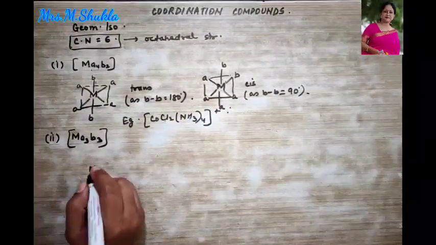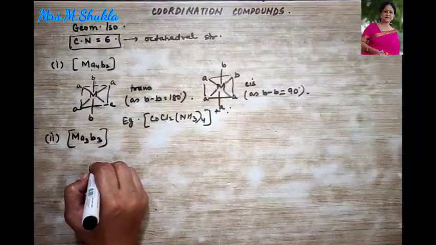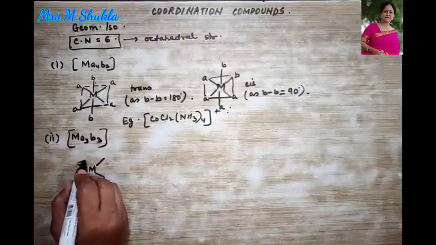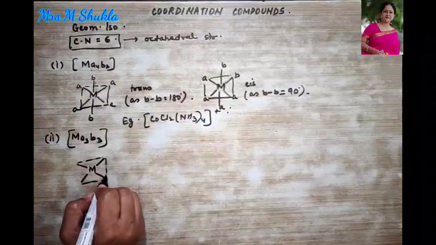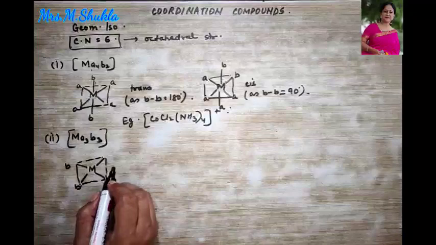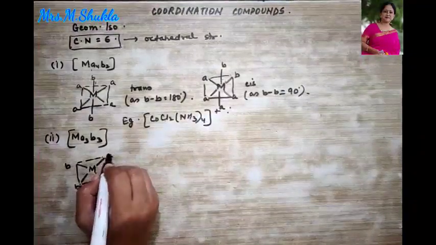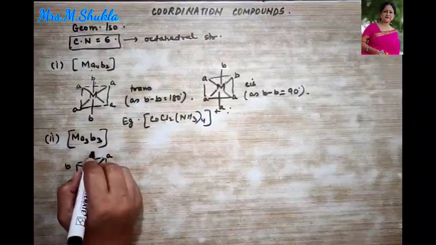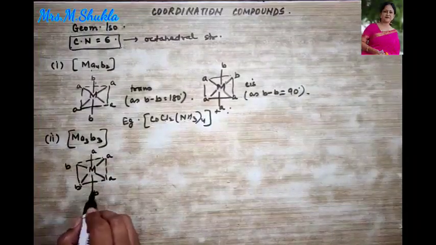So let us draw this. This could be B, B, this is A, this could be A. Then here we can see it will form A and B.